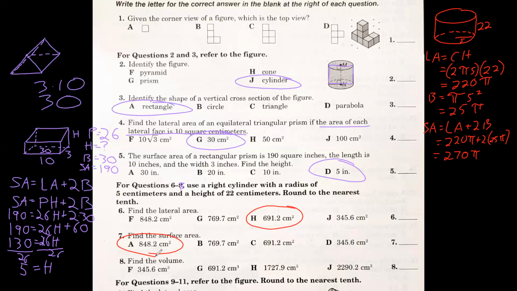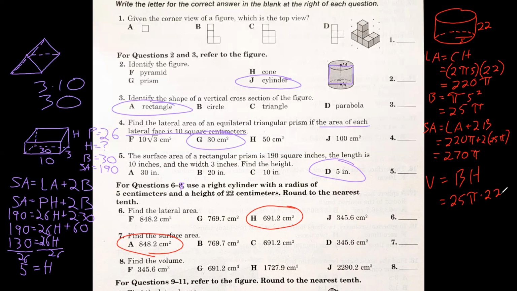Number 8, find the volume. All right, volume, same thing. We have our formula is volume equals base area times height. We already have base area. We found it up here. It was 25 pi. Our height was 22.